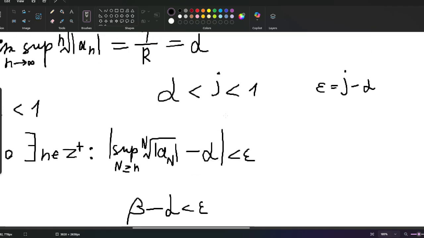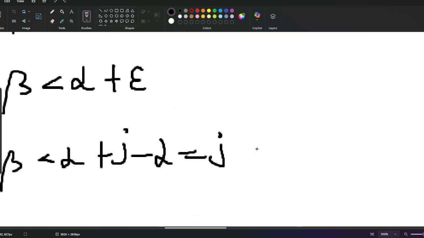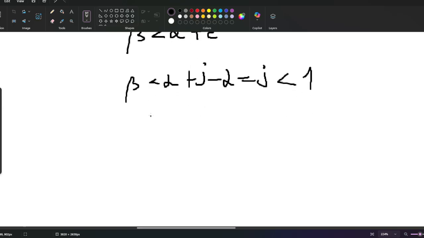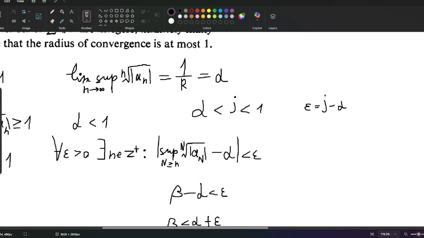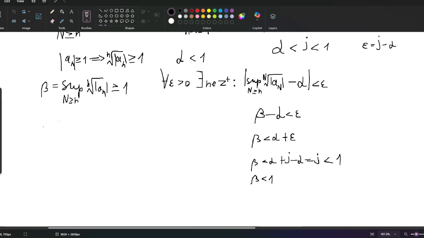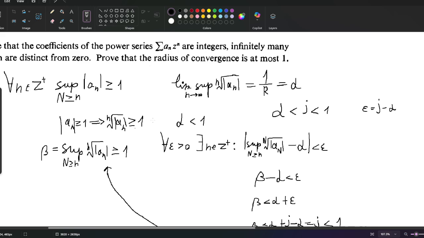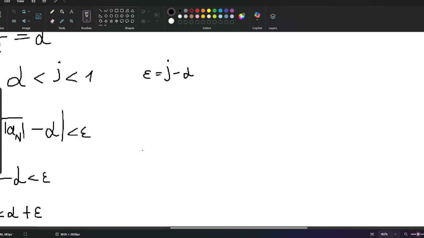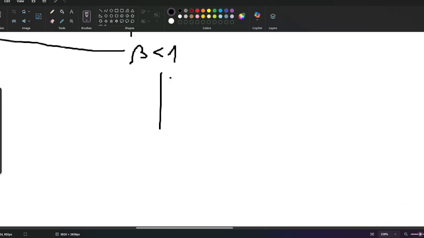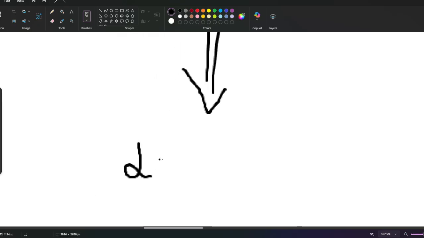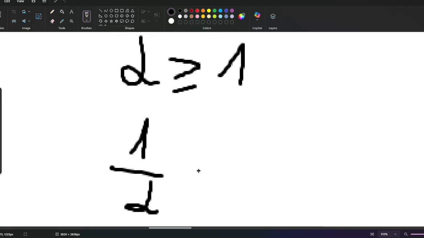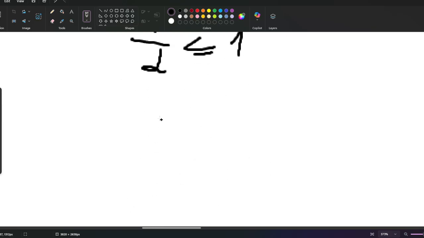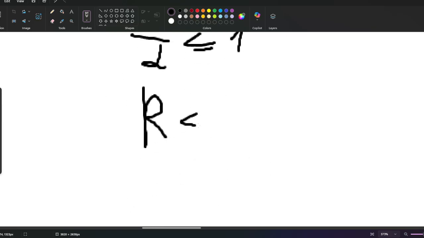Now j is less than 1. So beta is less than 1, which is a contradiction to something we know for sure is true. Therefore, by contradiction, alpha is greater than or equal to 1, which implies that 1 over alpha is less than or equal to 1, which is the radius of convergence.